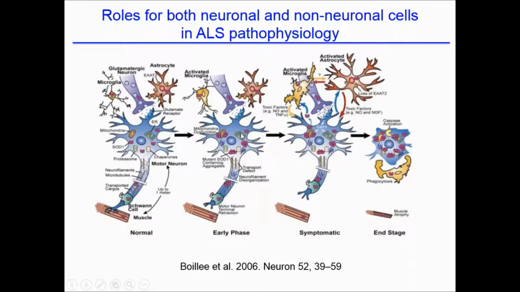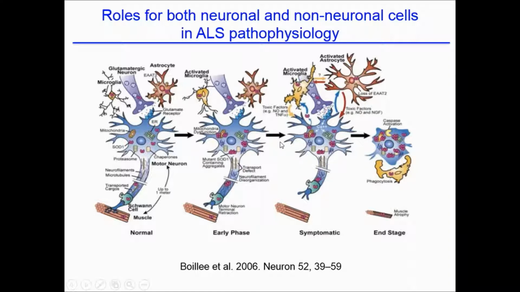In the progression of the disease, it is believed that this communication goes awry. For example, when the motor neurons start to exhibit the first signs of incorrect pathways or abnormal events, microglia can become, as it is usually said, activated. They can sense that something is not correct.